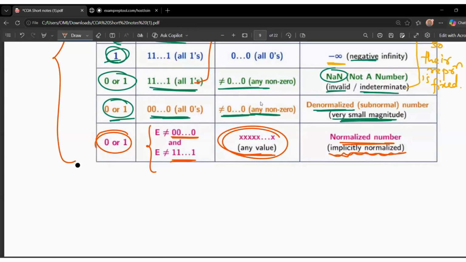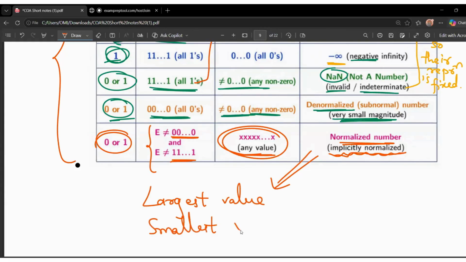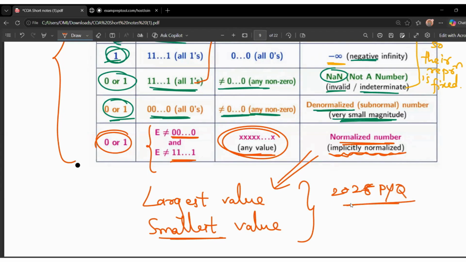With the help of this, we have seen the largest value. We have calculated the largest value and the smallest value. Yes or no? And the latest PYQs, like 2026, 2020, a 2026 PYQ is also there on this particular field.